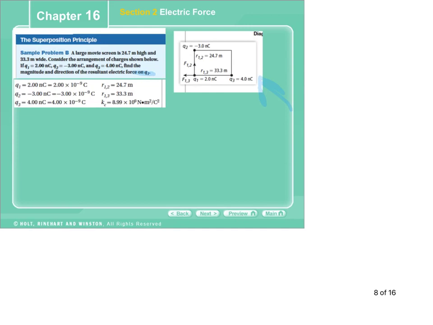If we look at Q1 and Q3, Q1 positive, Q3 positive, that means they're going to repel each other. So it's going to go that way. And Q2 is negative, so it's an attractive force to Q1, so it's going up this way. So we have forces going this way and this way, as illustrated here.